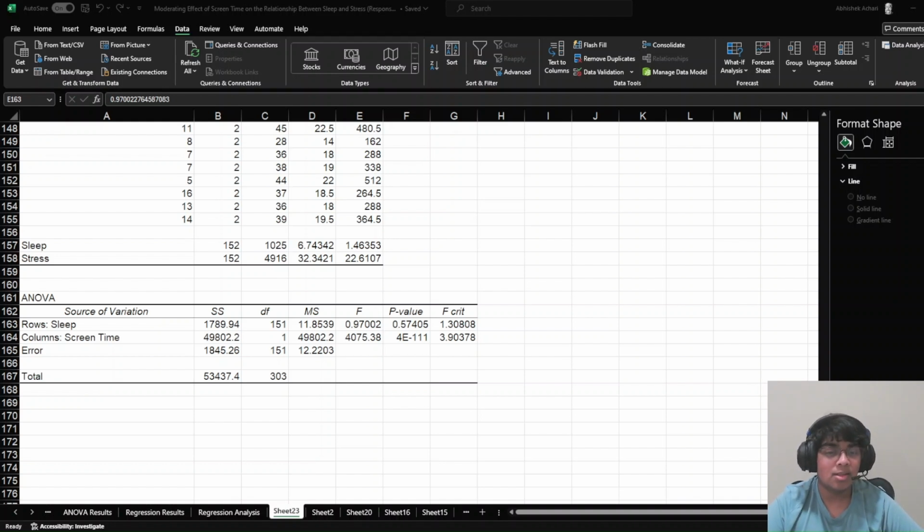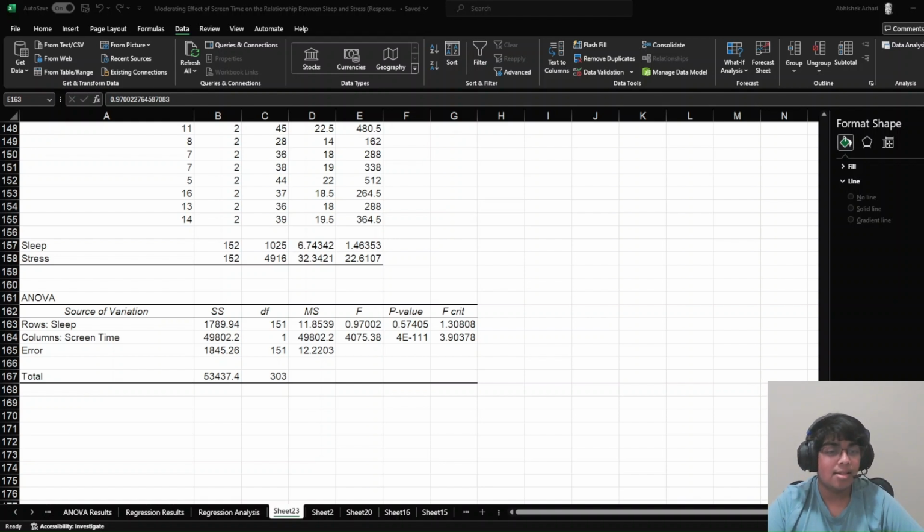Additionally, what we need to do is look at the p-value significance. The p-value is about 0.57 here, which is a lot higher than the 0.05 needed for statistical significance according to the general rules used in most studies that you'll find. However, the p-value for the screen time and stress relationship is extremely low, to the point where it's very statistically significant.